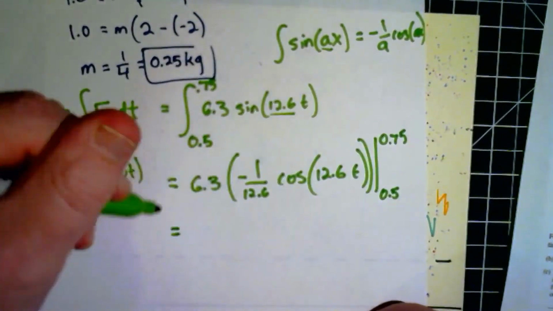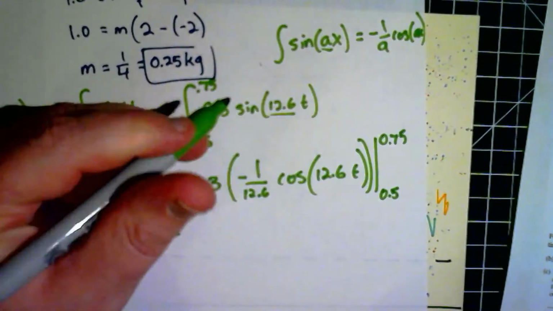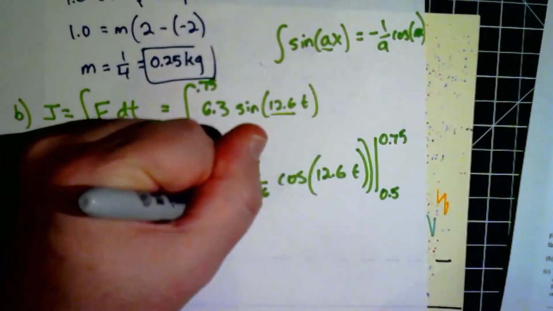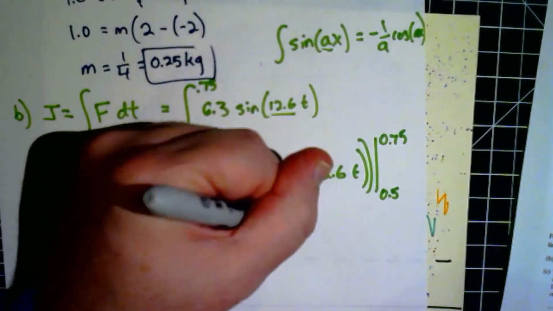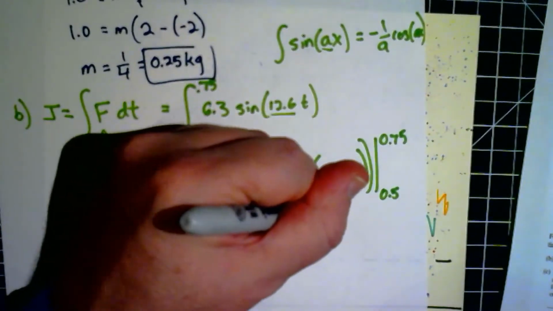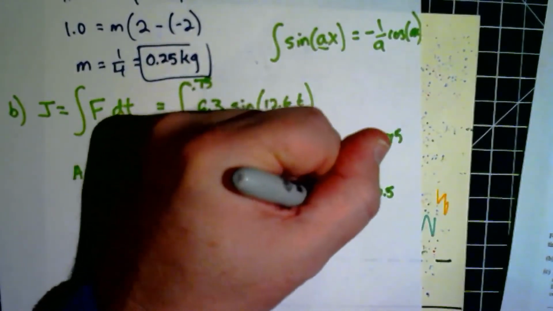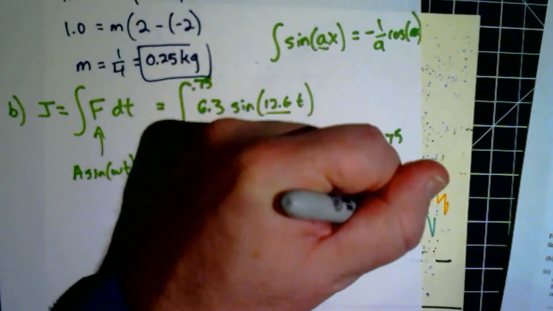It turns out that 6.3 divided by 12.6 is about 0.5, and we've got a negative sign here. So we've got negative 0.5 times the cosine of, we'll do our upper limit first, 12.6 times 0.75 minus, and this is our lower limit, cosine of 12.6 times 0.5.